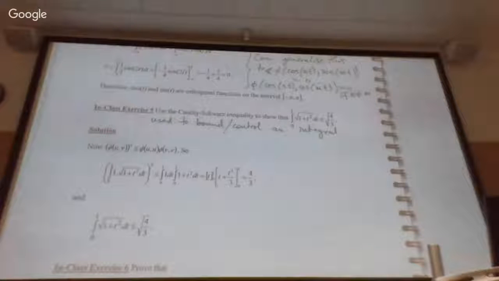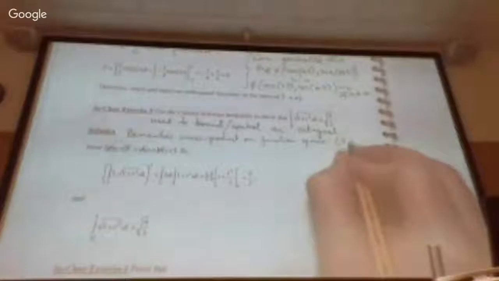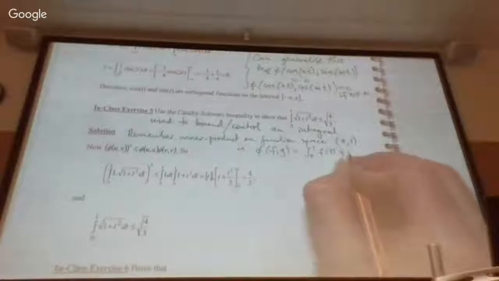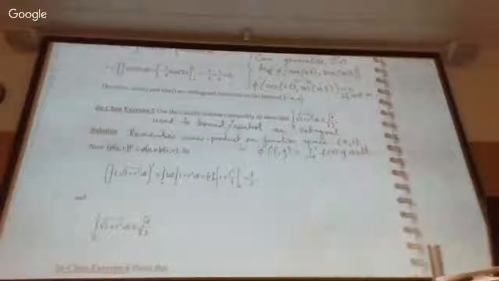So remember, the standard inner product on function space, the space of integrable functions on 0, 1, is the inner product of f with g is the integral from 0 to 1 of the product of f and g.